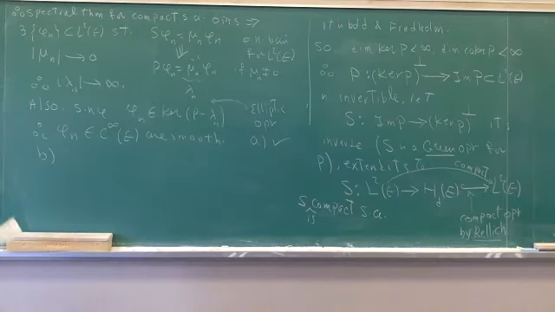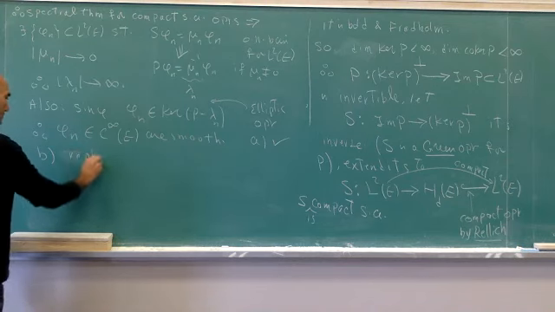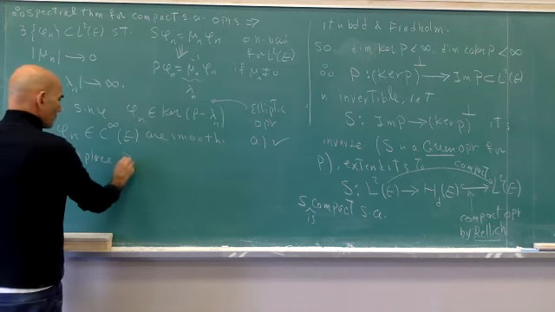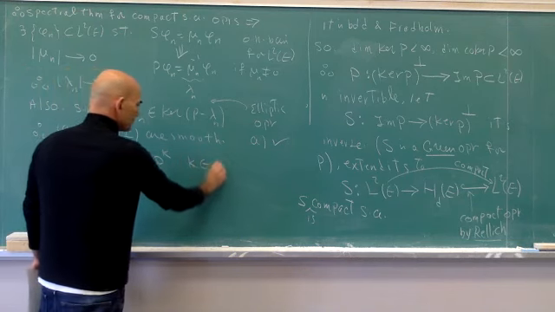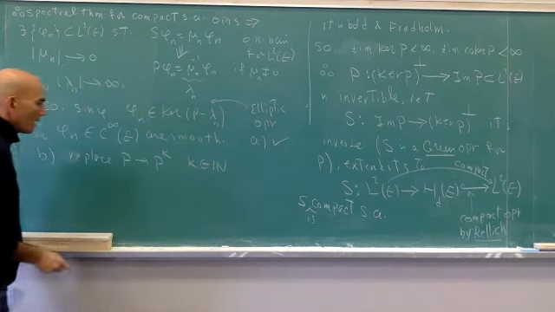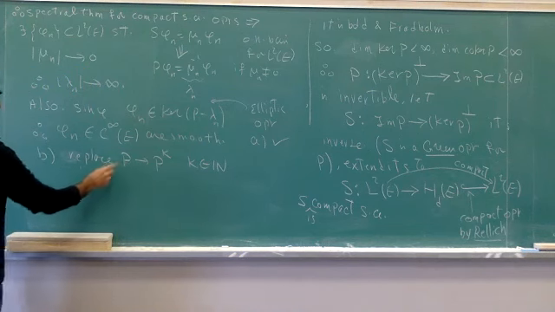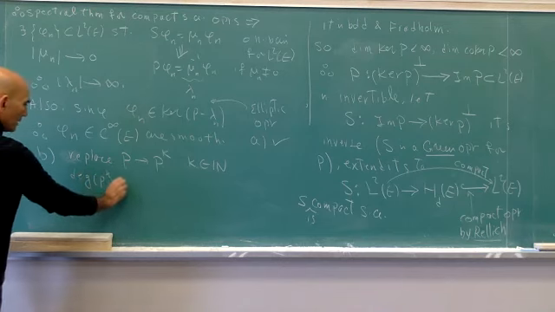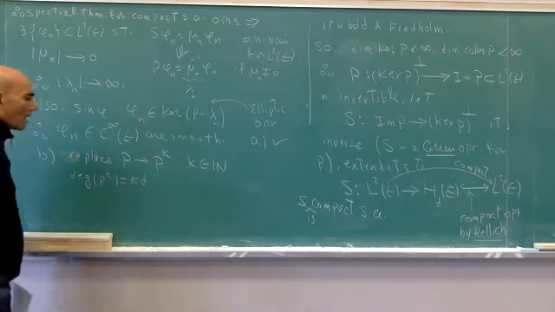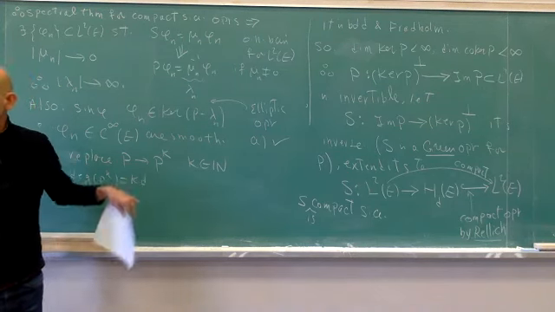So for this, we can replace P by P to some power k if needed. But then you notice that the order of this, the degree of P^k, is equal to kd. And then I can pick k in such a way that this is bigger than n over 2.